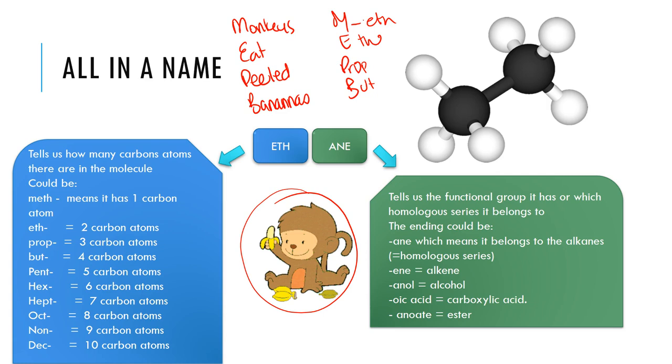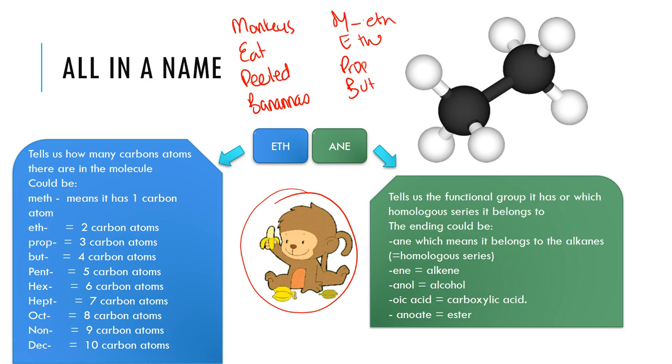The second part of a name tells us which functional group or homologous series it belongs to. So hopefully you've realized that over the time we've looked at the alkanes homologous series, all the compounds that we've looked at have ended in ANE, and that's because they're part of the alkanes homologous series.